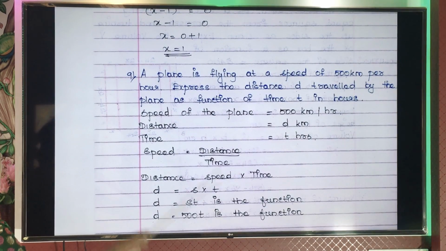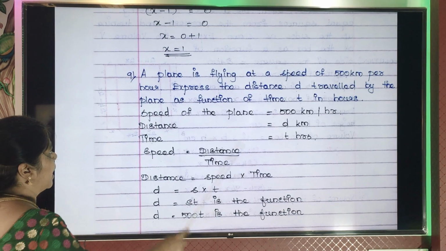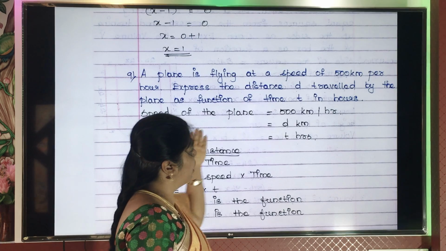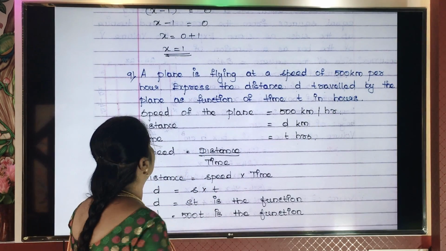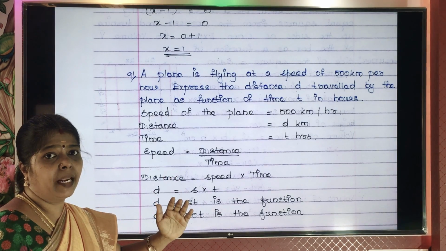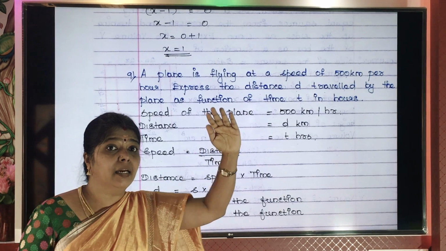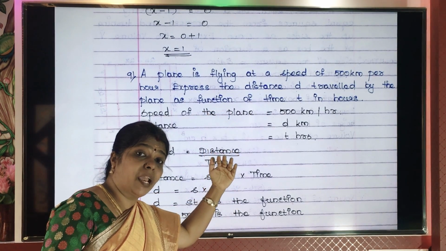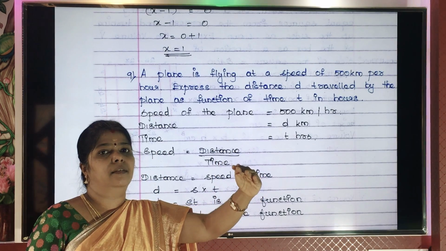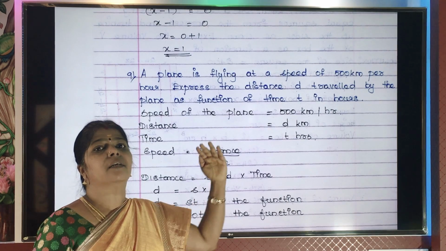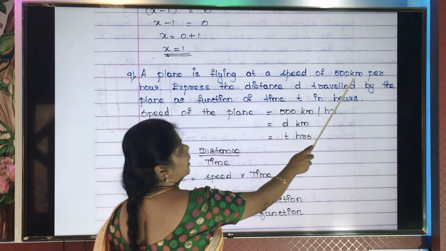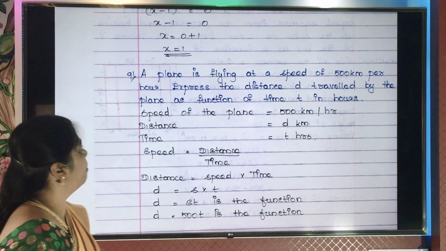Now let us see question number 9. A plane is flying at a speed of 500 kilometer per hour. So there is a plane which is flying at a speed. What speed? 500 kilometer per hour. So in 1 hour, the plane can travel 500 kilometers. So that is the speed of the plane.